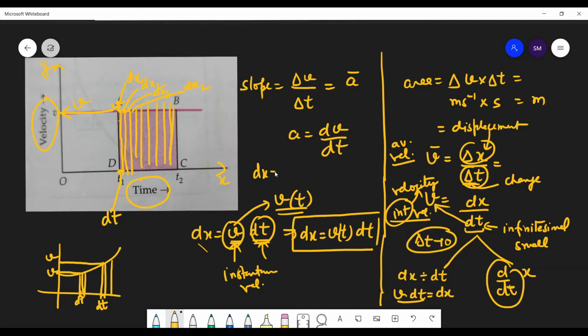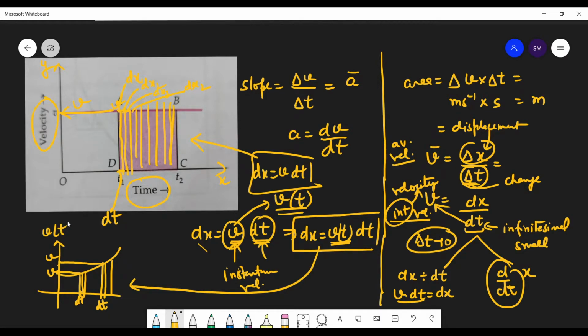This dx equals v into dt is okay for this figure. But for this figure, why not? Because v is variable here and it depends on t. As the time is increasing, velocity is also changing. So here velocity is a function of t, and you will be writing it here. For this particular dt, this v and this v are the same.